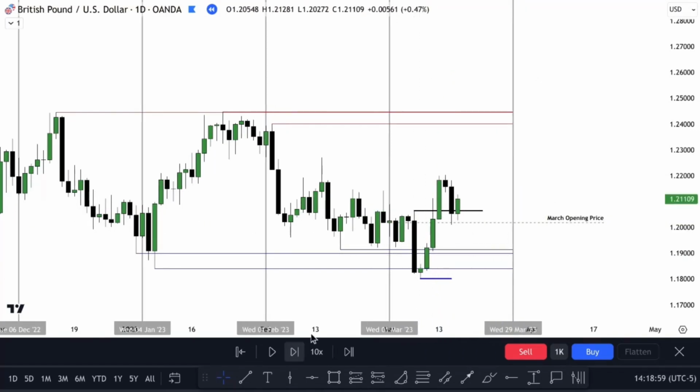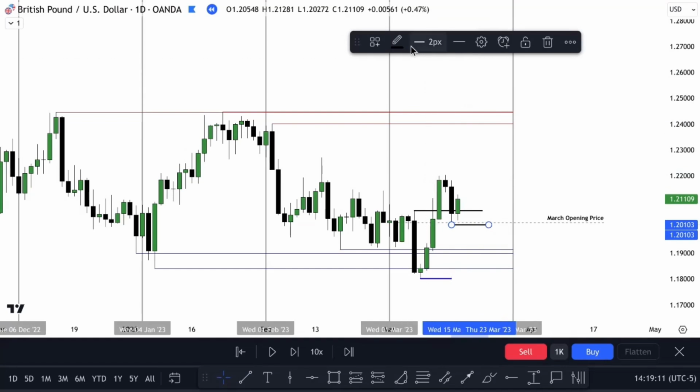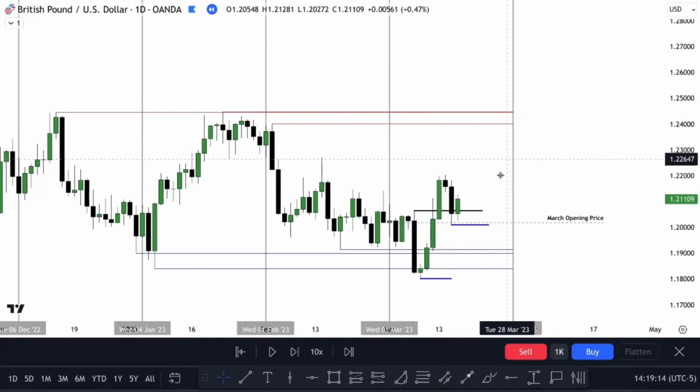And we can see price creates a potential swing low formation here. It's not confirmed yet, but in theory, it is a swing low. Let me mark this off here. Keep it blue. This swing low is higher than this one. Odds are we could expect that price is most likely going to continue trending higher for the month.